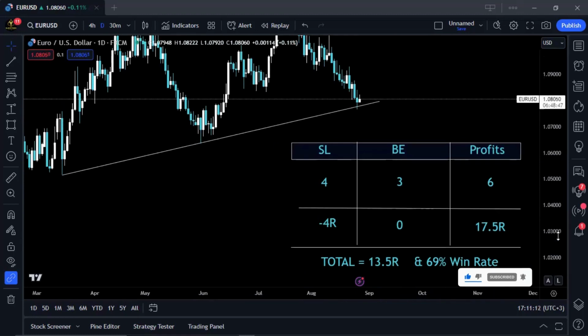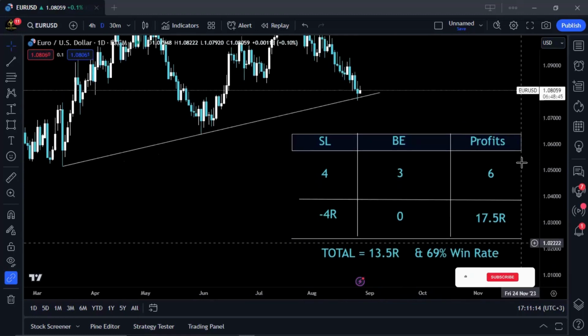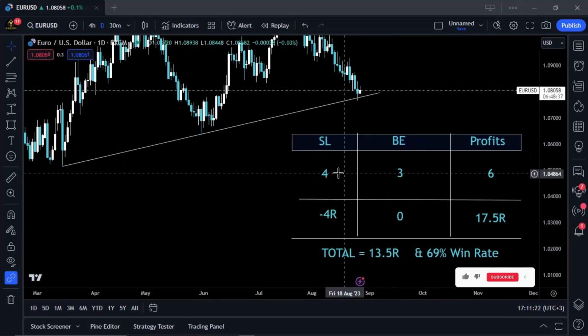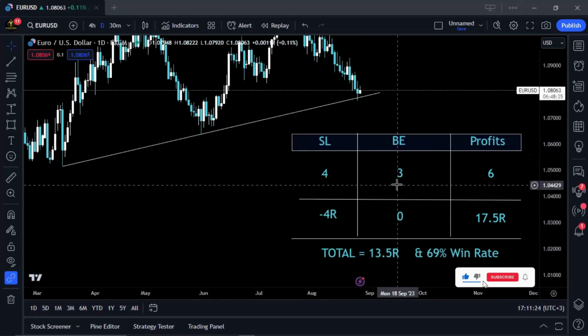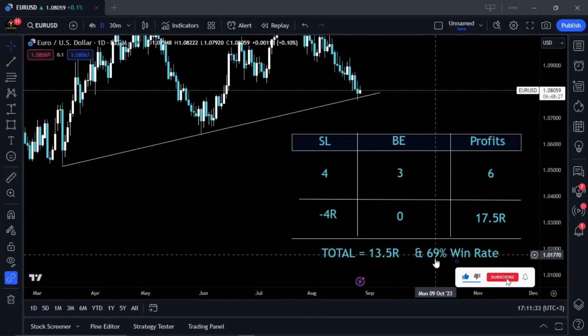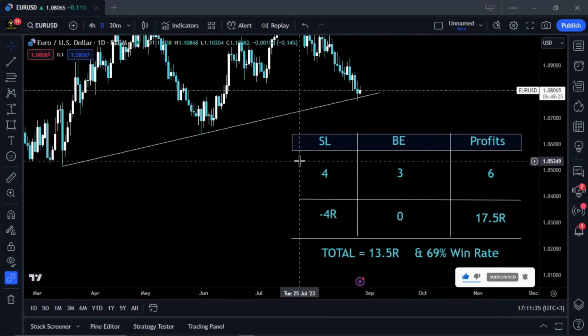So the win rate is good, but for instance, most of the trades that we took on August, we had only 3 trades in August. 2 of them were stop losses and 1 was break even. August has been the worst month for us amongst these 3 months. We would have had a better winning rate, but we can't avoid the losses in the market.